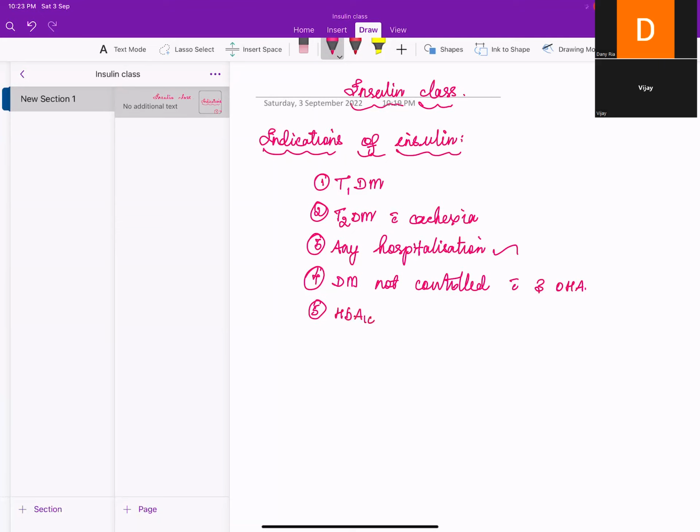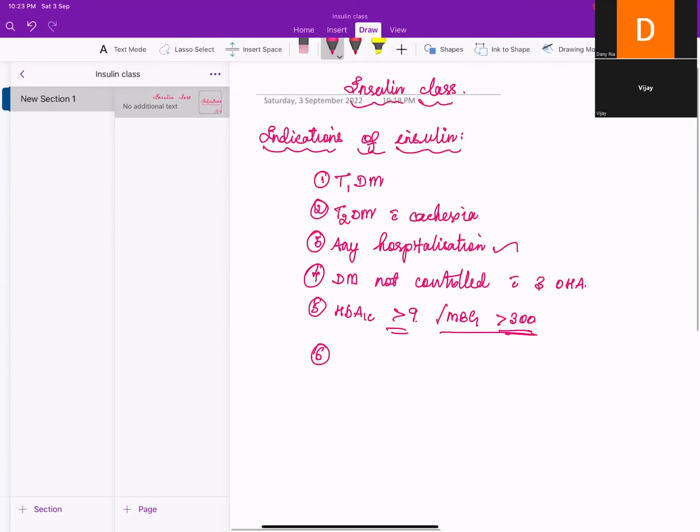Then, mean blood glucose more than 300, we have to add on insulin, or HbA1c more than 9. If the initial presentation has mean blood glucose more than 300, or HbA1c more than 9, or at any point in the patient's history of diabetes sugar crosses 300, it becomes an indication for insulin.